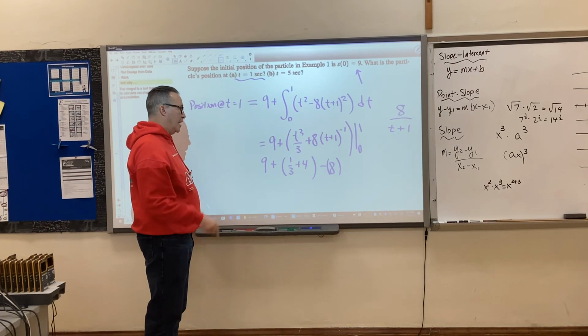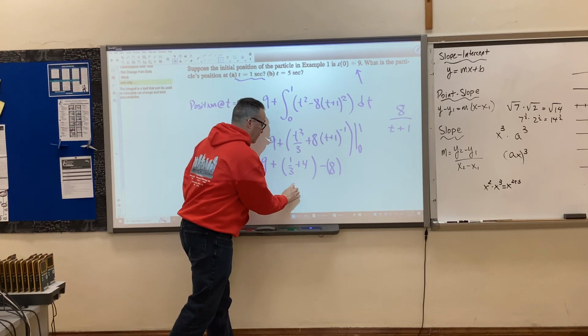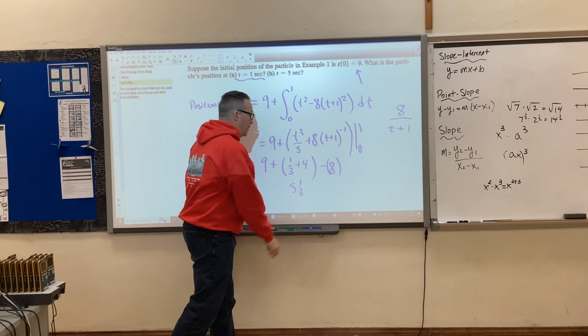So it looks like it's 5 1/3. That's a position. 16 thirds.